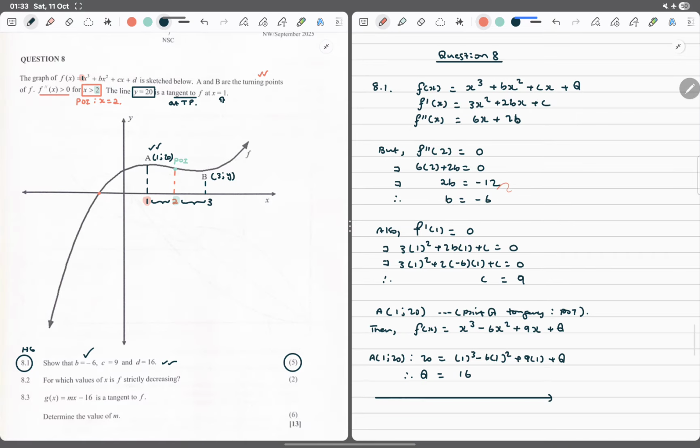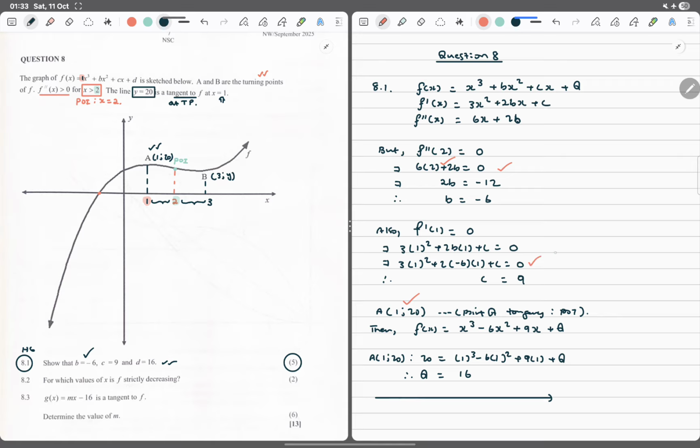We're supposed to score 5 marks, so I think the differentiation here and the substitution is key.